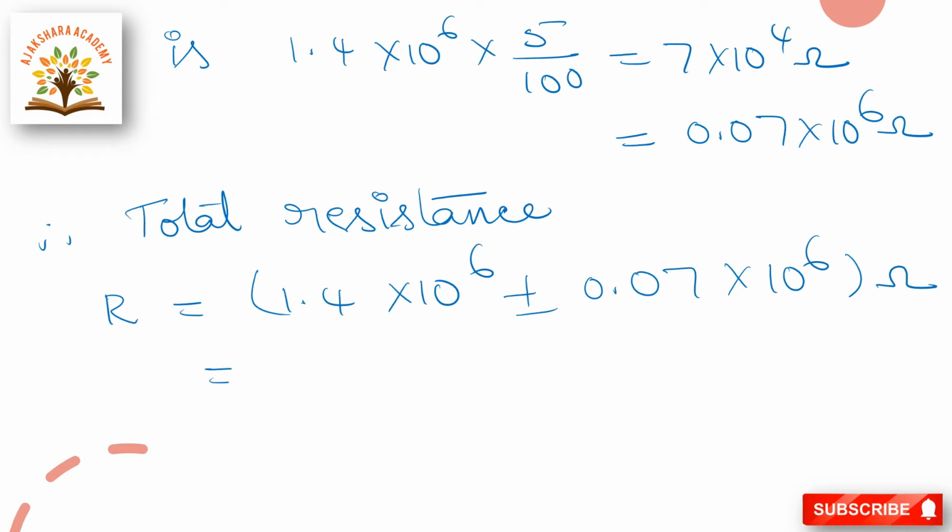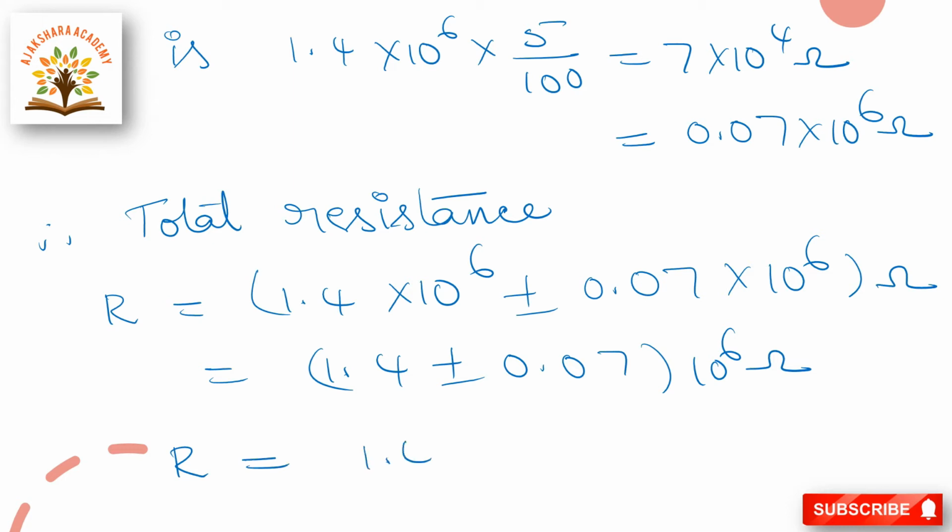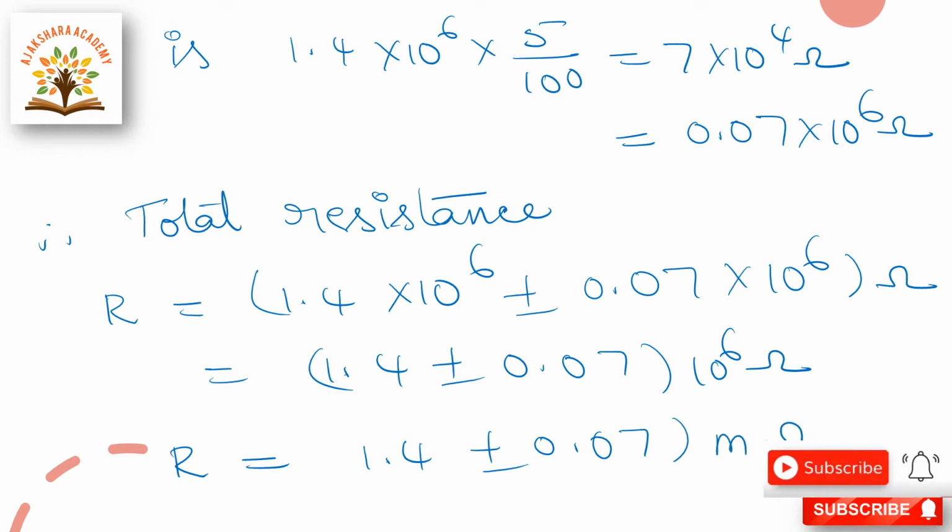So that is equals to 1.4 plus or minus 0.07. Here we are taking 10 to the power of 6 as common. So resistance R is equals to 1.4 plus or minus 0.07 mega ohms. Okay. Next we will go to the next question.